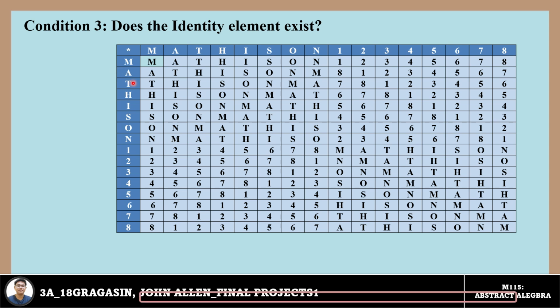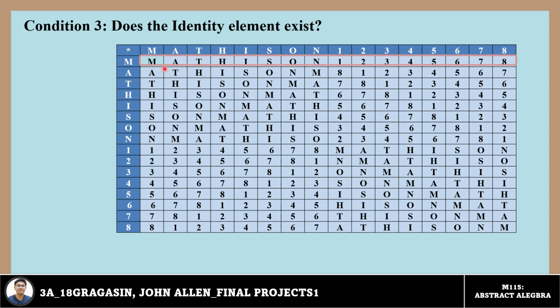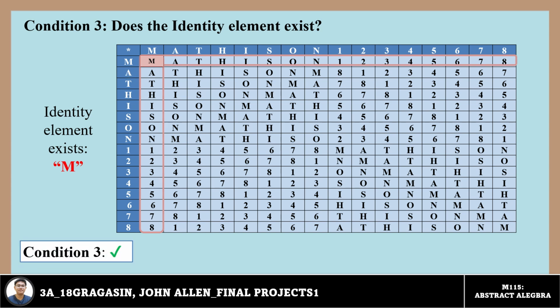For this, we have this row as the same as this, and for the column we have this one, which is the same as this one, and their intersection, as you can see, is the element M. Therefore, the identity element in this case is the letter M. So we can conclude that the identity element exists. Therefore, condition 3 is satisfied.